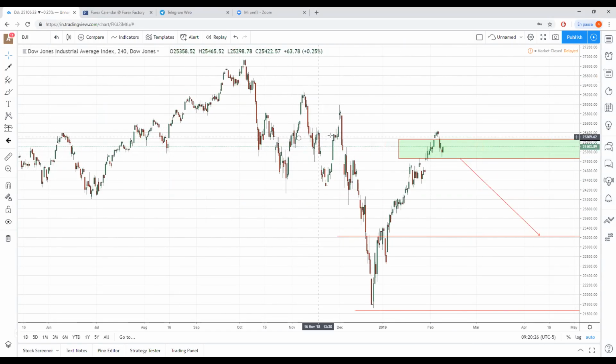All of these were accumulation of selling positions, and that was confirmed because of this big movement to the downside. So when prices reach this area again, all of these sellers are going to try to defend their positions.